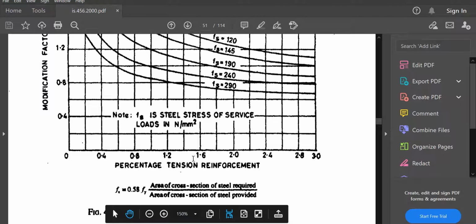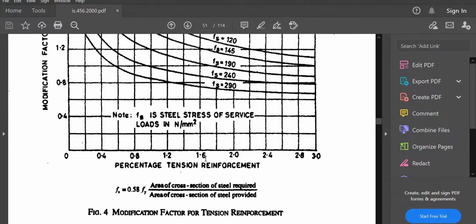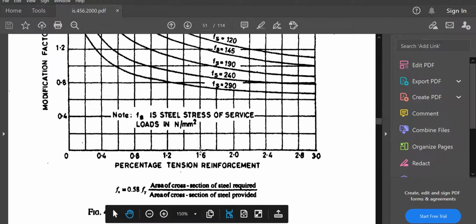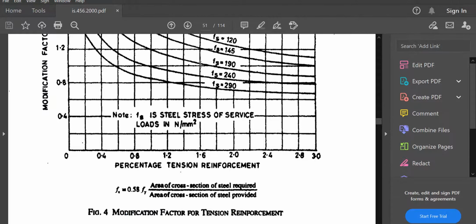Suppose you got the value for Fs as 190, and your percentage of tension reinforcement is 1.6. So 1.6 and this is 190. You need to go in this way, you will reach here, that is 190 Fs. Now you need to move in the horizontal direction towards the left. You'll get somewhat 0.8, then this is 1.2.